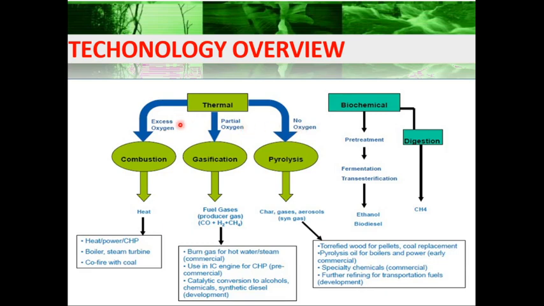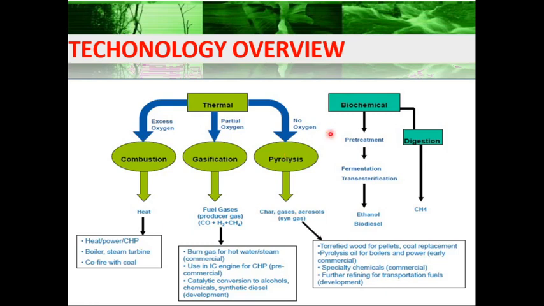By using excess oxygen, the process is combustion. By using partial oxygen, it is gasification. In the absence of oxygen, it is pyrolysis. From the combustion process, we get heat. From gasification, we get fuel gases, and from pyrolysis, we get char, gases, aerosols, etc.